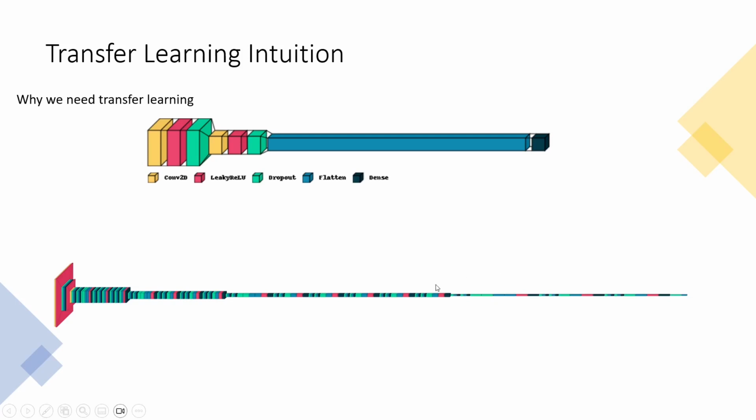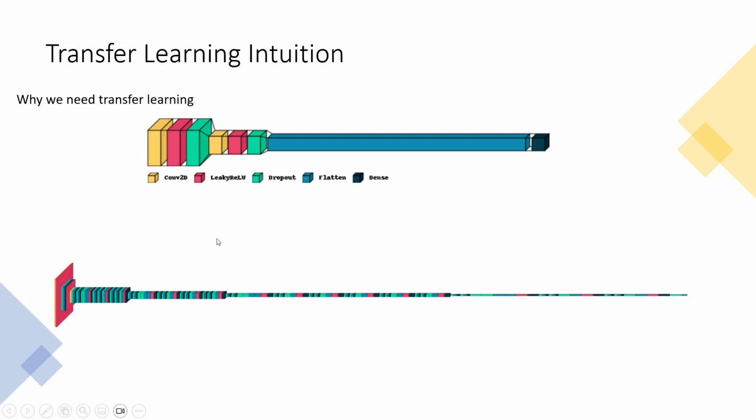Just to visualize this, this is our humble LeNet architecture with convolutional layers and pooling layers and flattening and other stuff. This looks very humble when you compare it to this super huge network. This is the visualization of the ResNet architecture. You see, it's even impossible to check basically all the layers of that network.